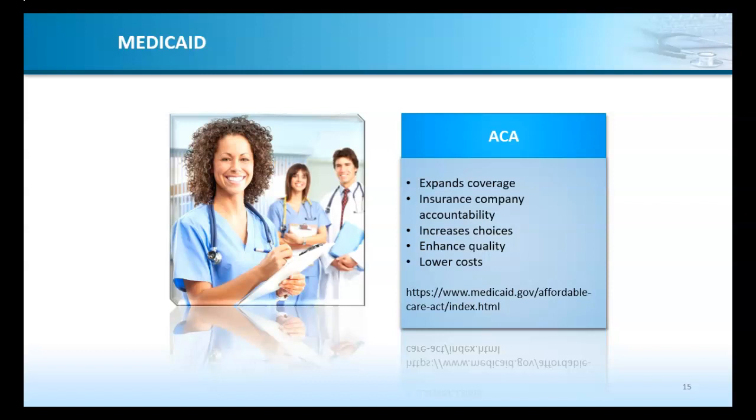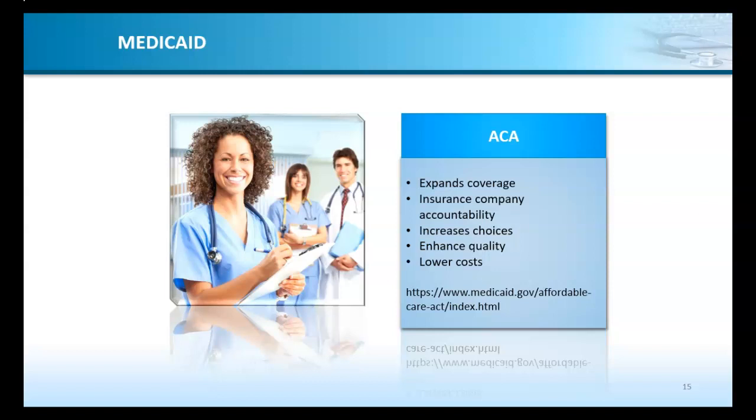The ACA also held insurance companies more accountable for cost and quality of services and equitable services, particularly related to mental health coverage. It increased choices and options for insurance plans, giving consumers a wider range of plans to select from.